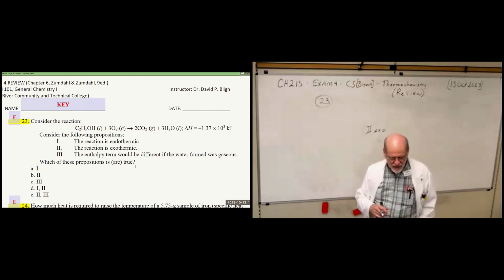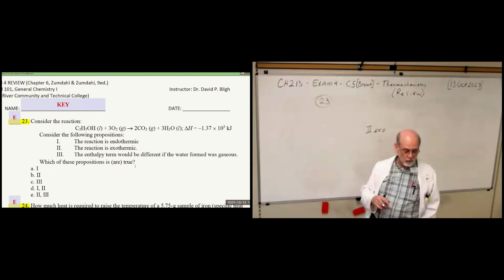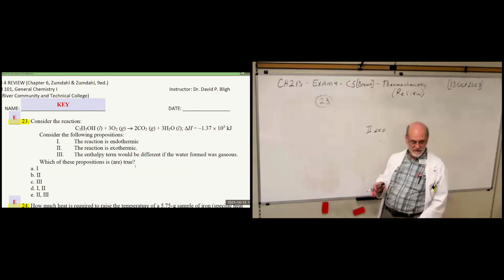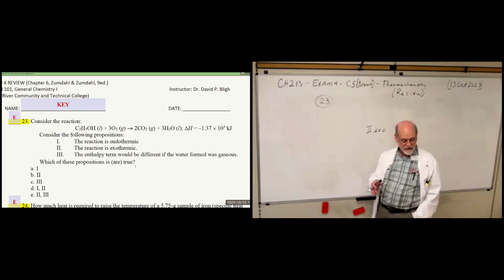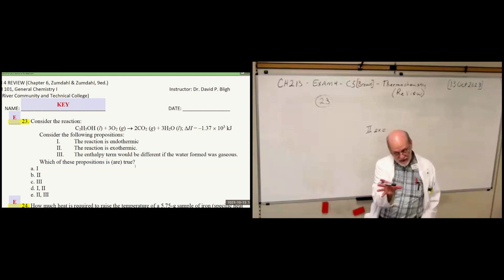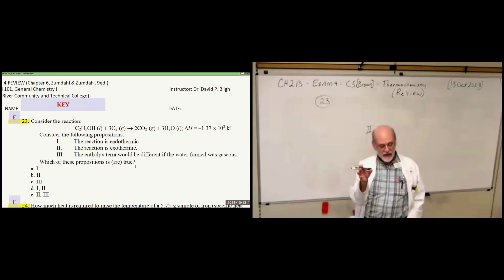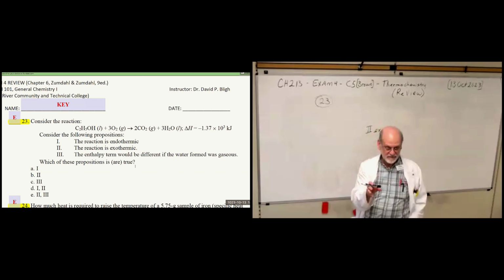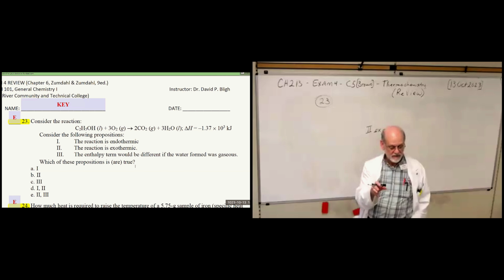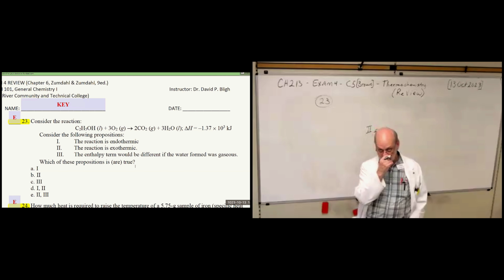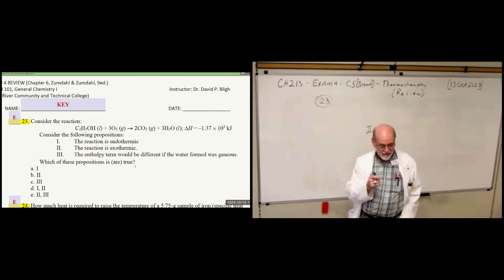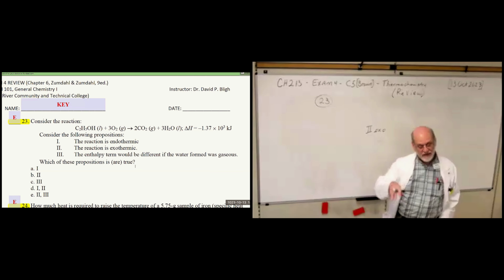How about 3? The enthalpy term would be different if water formed was gaseous. Right, notice that this reaction has water as liquid as one of the products. What if it were a gas? Would that change the enthalpy value? Yeah, because if it were a gas, it hadn't condensed yet.